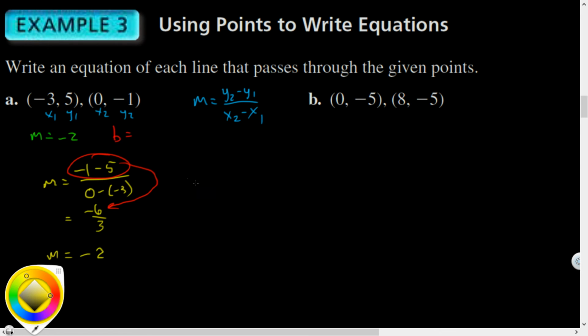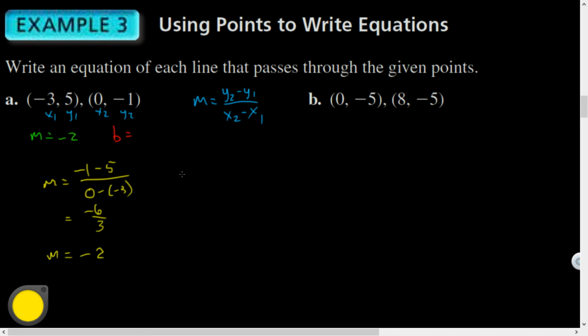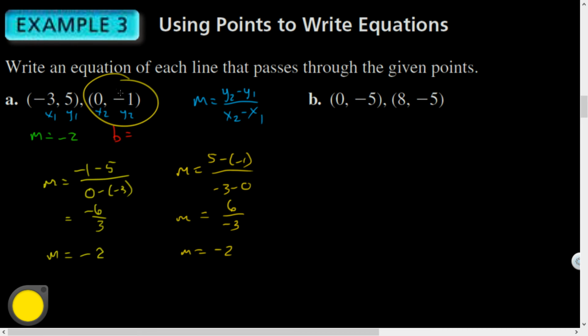Actually, I'll do that real quick just to show you. m equals, I could have said, 5 minus -1 over -3 minus 0. And it should end up giving me the same outcome. 5 minus -1 is 5 plus 1, which is 6. -3 minus 0 is -3. And 6 divided by -3 is still -2. So it doesn't matter which point you call point 1 and point 2 or point 2 and point 1, as long as you're consistent, it will work out.